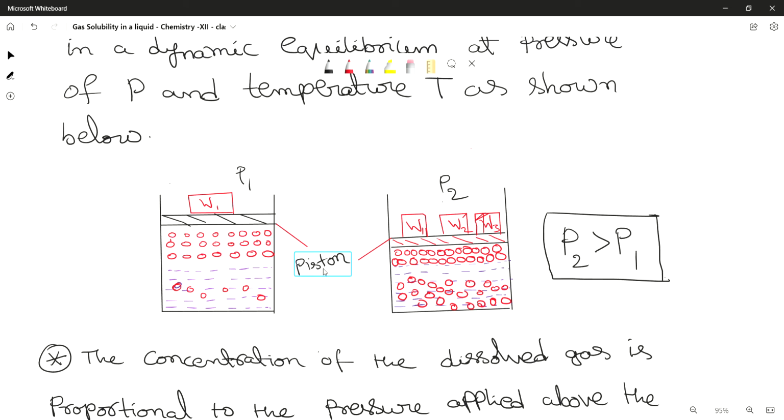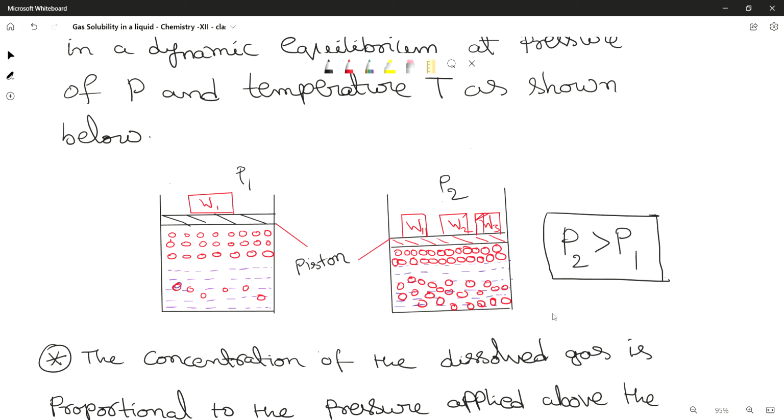Now when I increase the pressure to P2, where P2 is greater than P1, the gas molecules come closer. When you increase the pressure, the number of gas molecules per unit volume increases, and hence you see more dissolution of the gas inside the liquid in order to establish a new dynamic equilibrium.